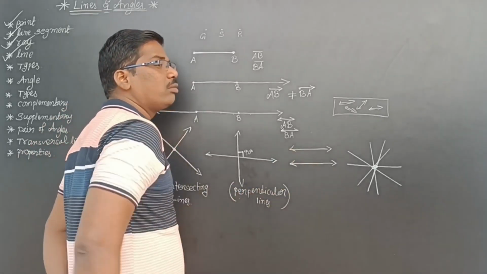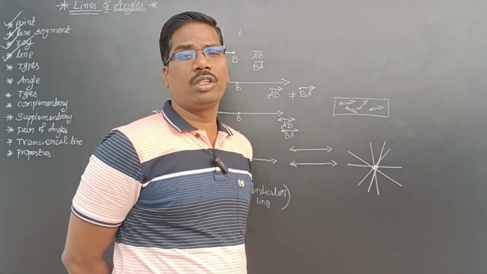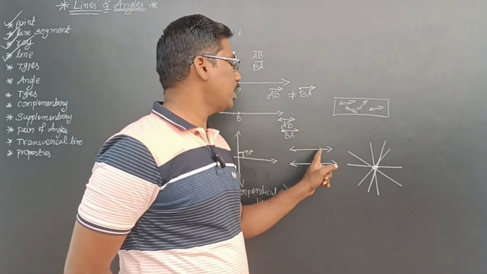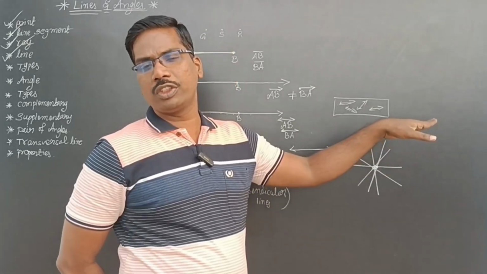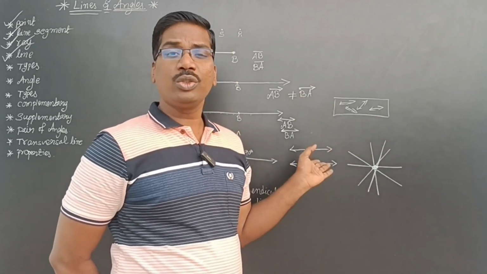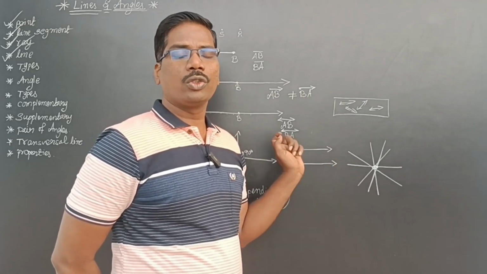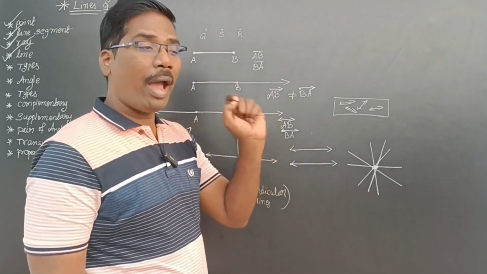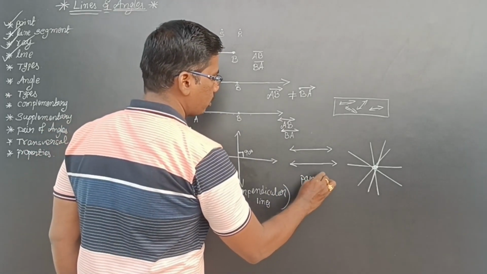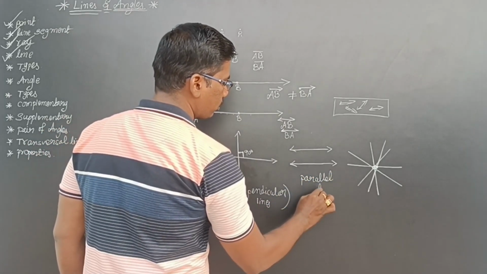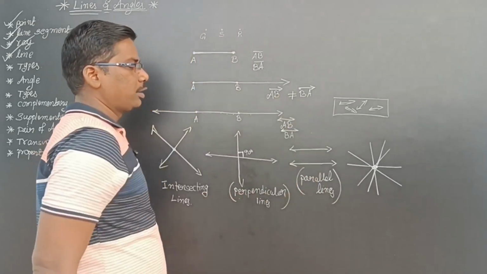Next, if two lines do not have any common point, see these two lines, if you extend them, they will go like this only. These two lines are not meeting at any point. In this way, these two lines are called parallel lines.